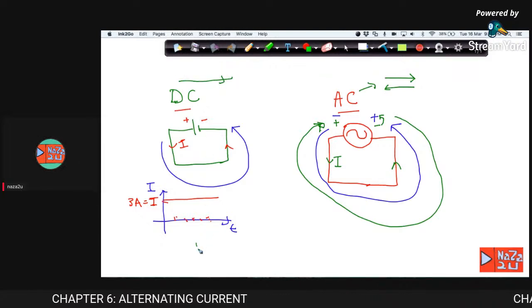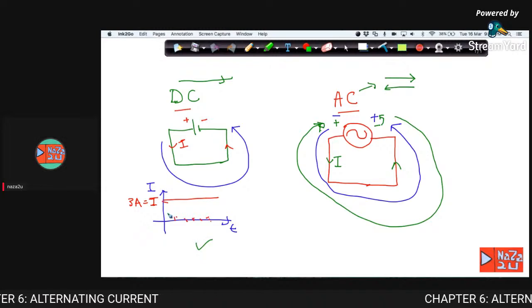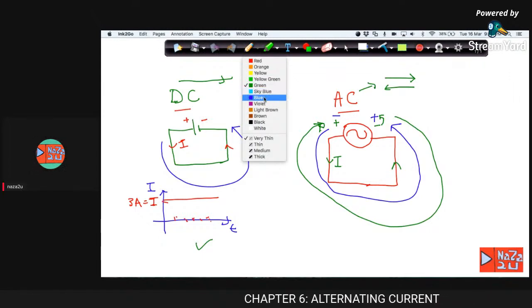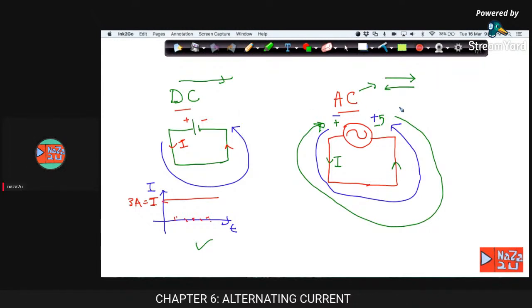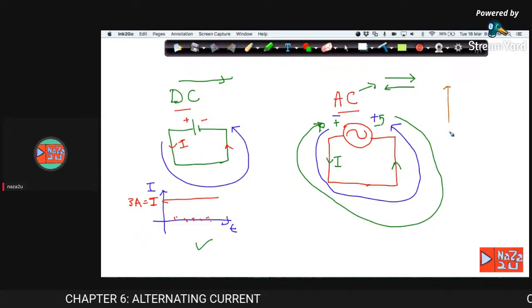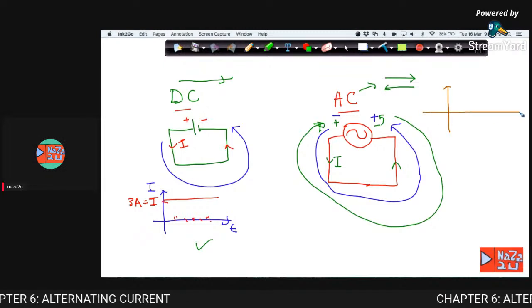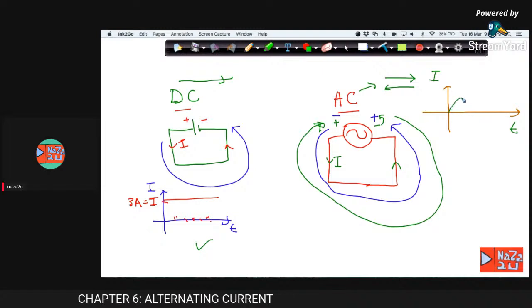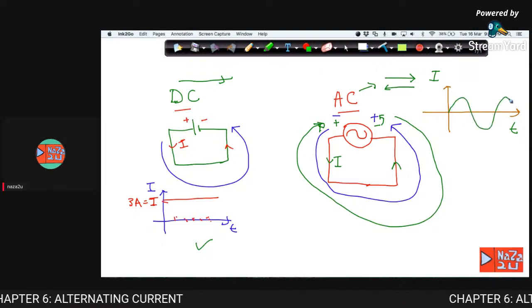Jadi kalau kita lukis graf DC current, graf dia bentuk dalam macam ni. So meaning here, kalau dia dalam bentuk graf untuk AC current, because dia sentiasa berubah-ubah, let's say graf I versus T, graf dia adalah graf sinusoidal graph.